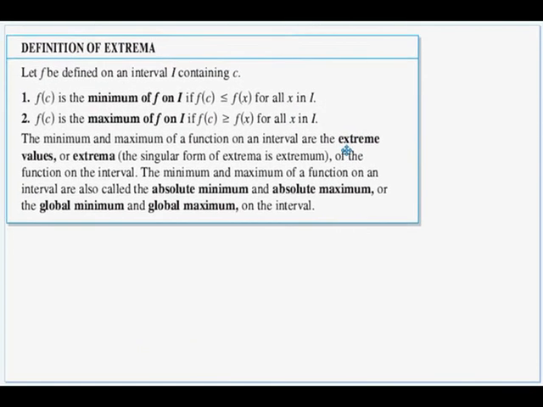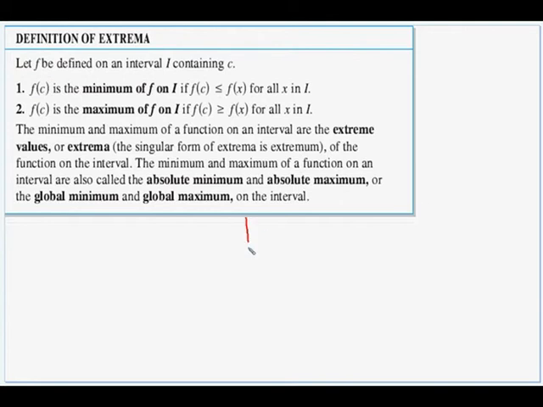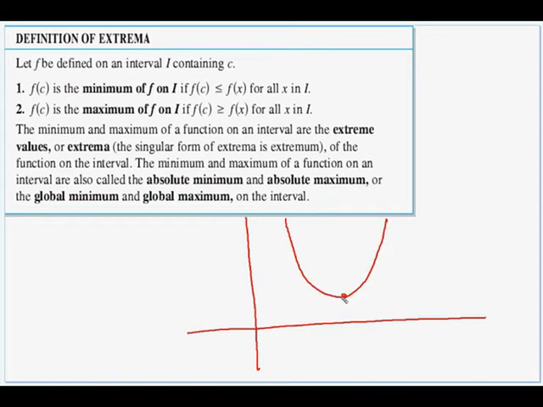That might be kind of confusing. I think it's easier to see graphically. Here's our xy axis. And let's say we have a parabola opening up. What this first part says is f of c is a minimum if f of c is less than all other f of x's. Well, if this is our c value, and that is mapped to the function and then over to the y-axis, this here would be f of c.